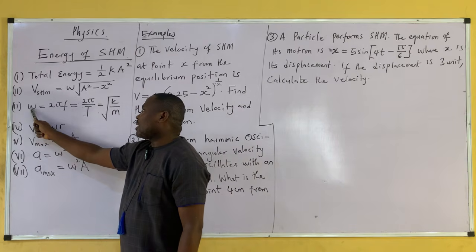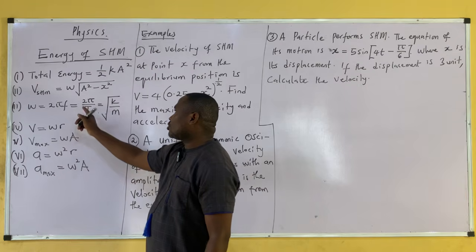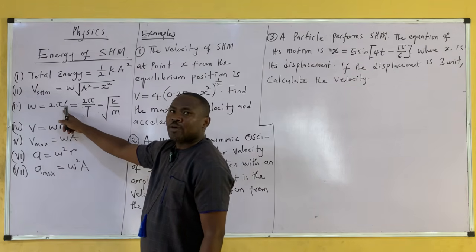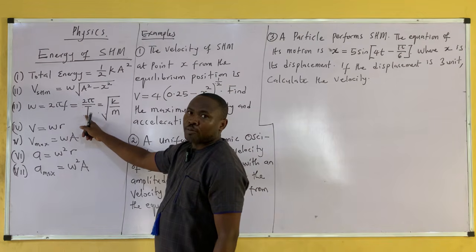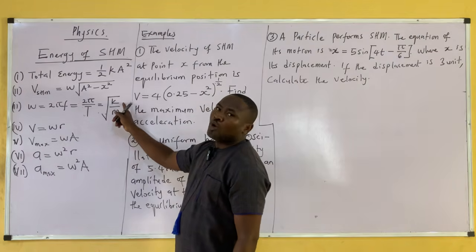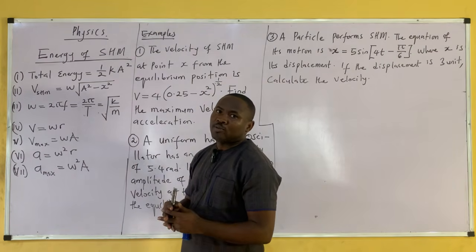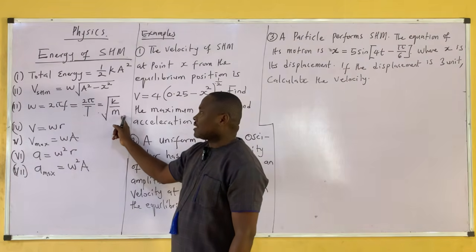Angular frequency is equal to 2 pi f, which is also 2 pi over T, where f equals 1 over T and T is the period. Then this is also equal to the square root of the spring constant over the mass, which is also called our inertia factor.